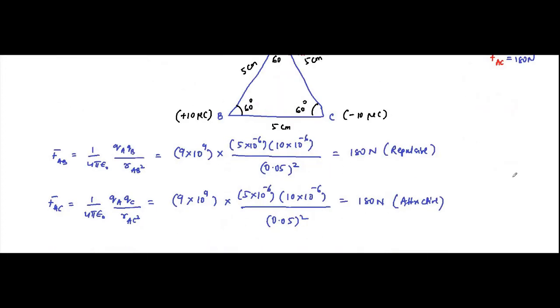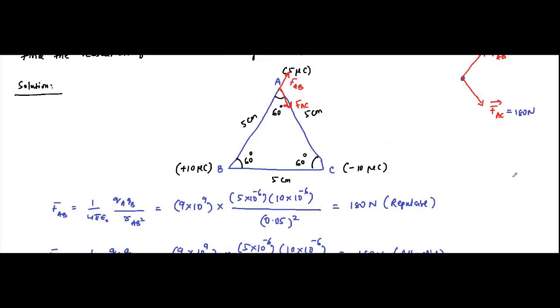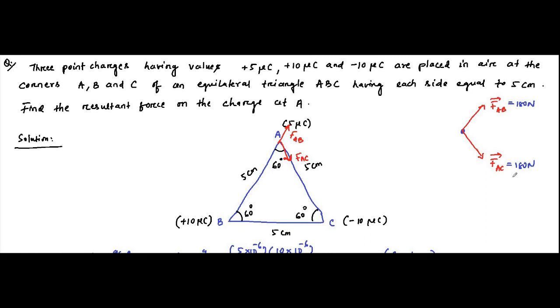Now the angle between these two, FAB and FAC, is equal to 120 degree. Why? Let us say we draw a normal here. This angle will be 60 degree, alternate angle.